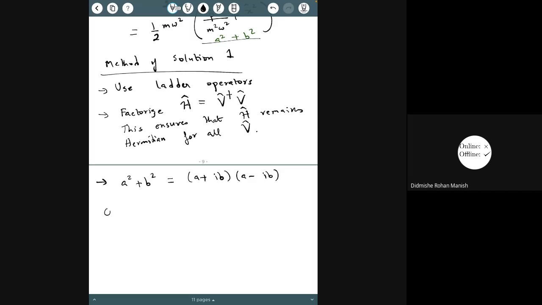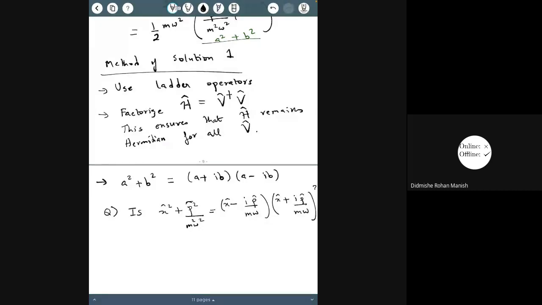So our question then is: we wanted to write x squared plus p squared by m square omega square, is that equal to x minus ip by m omega into x plus ip by m omega?